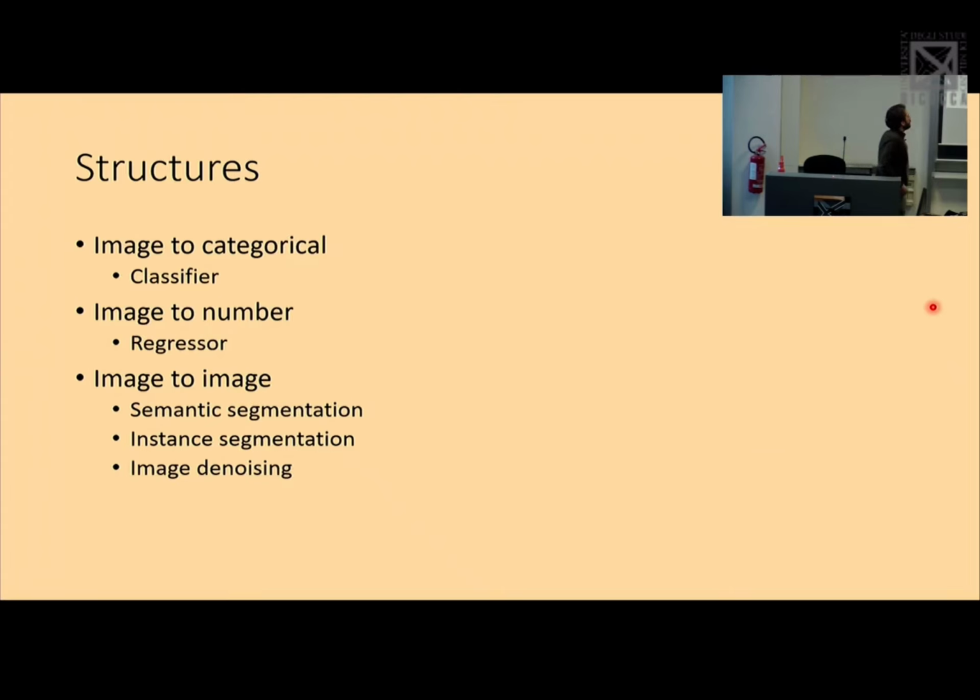What we can actually do is anything in this list. We can run a classifier. We get an image in input, and we want a class as an output, whether it's binary classification or multiple class. We can get from a class to a number, which is a regressor.